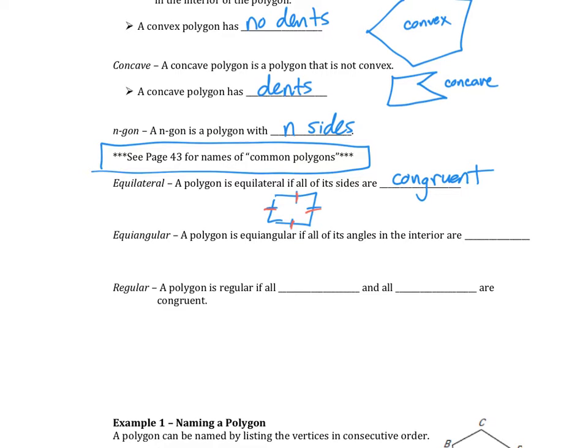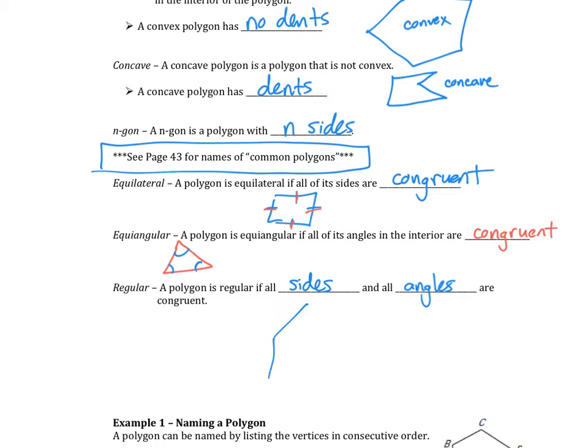Equiangular is a polygon where all the angles are congruent. So for example, in this triangle, those blue arcs mean all those angles are congruent, so that'll be an equiangular triangle. And regular means that all the sides and all the angles are congruent.